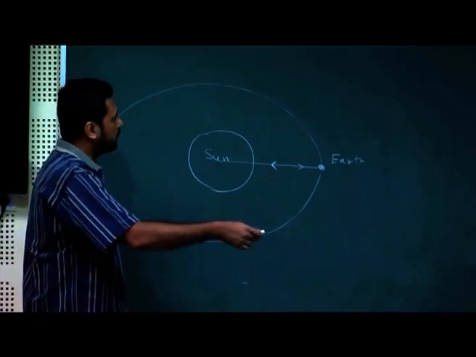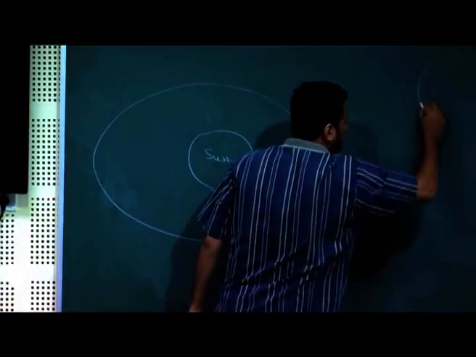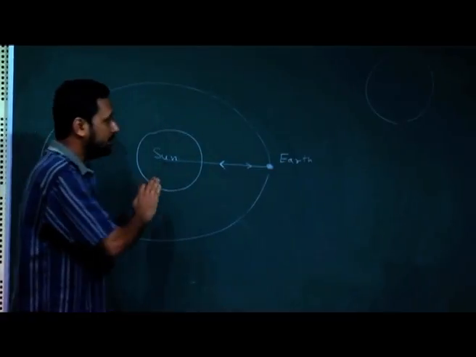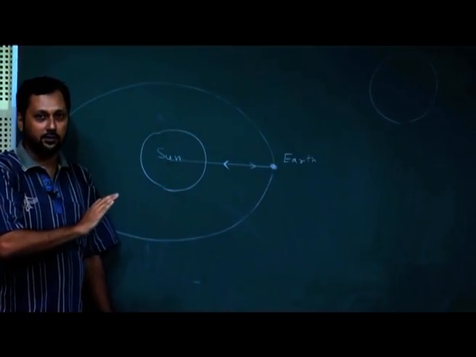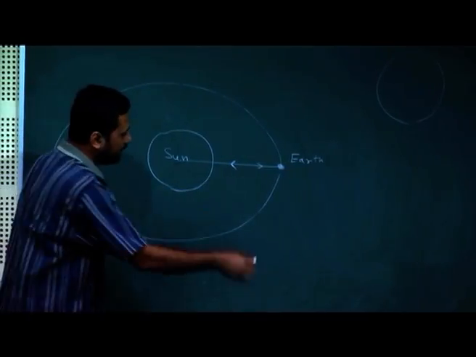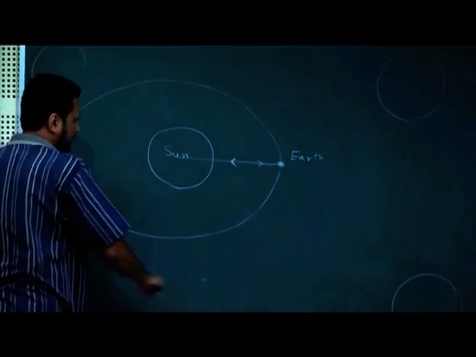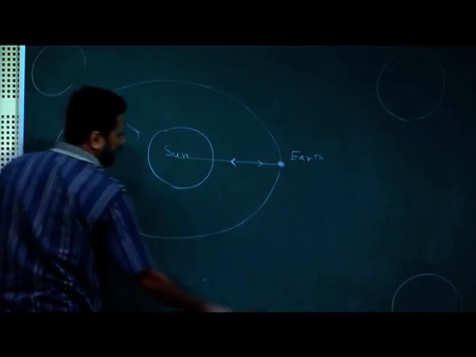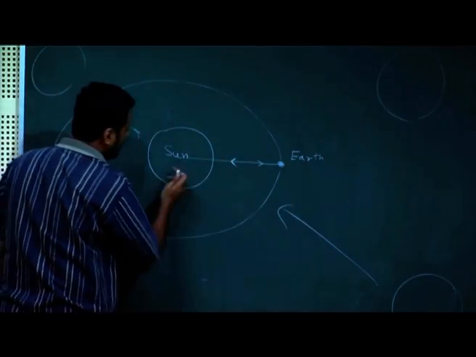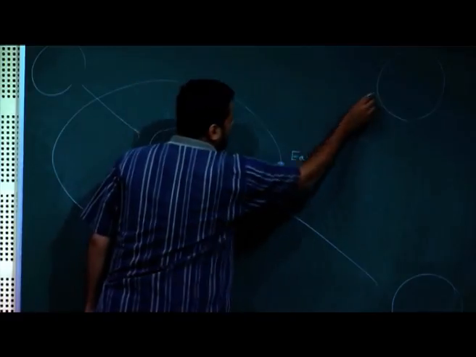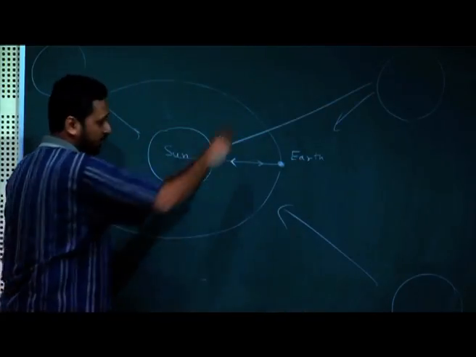There are many other heavier masses, and the Sun's mass is a very moderate mass compared to other stars. So, there are many other masses around this solar system which are attracting not only the Sun, but Sun and Earth alike towards them.